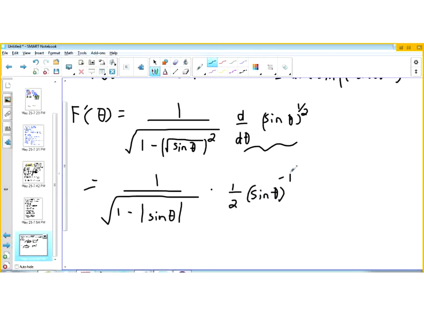Now we use the power rule for differentiation. So this would be 1/2 sine theta to the negative 1/2 times cosine theta. So there we have it. Okay, so that would be your answer.